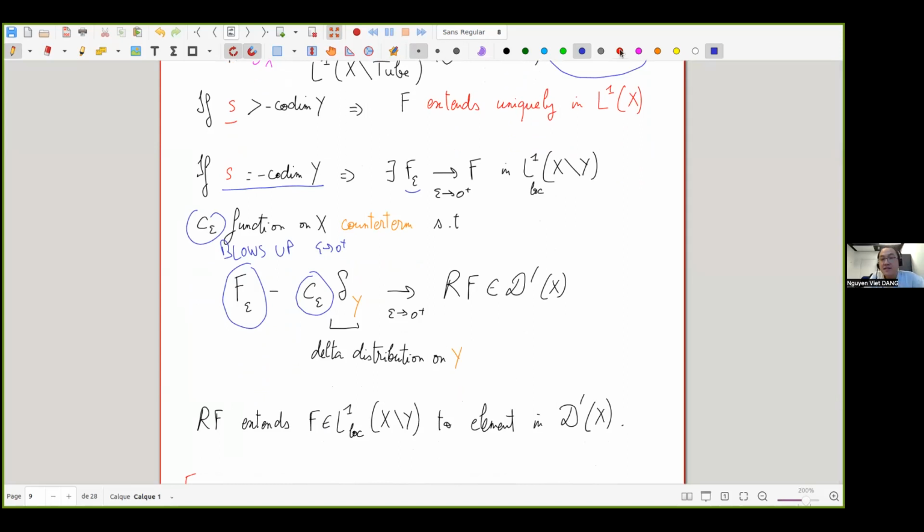And I want to insist, your distribution is not an L1 function. Not a function. It is really a distribution.